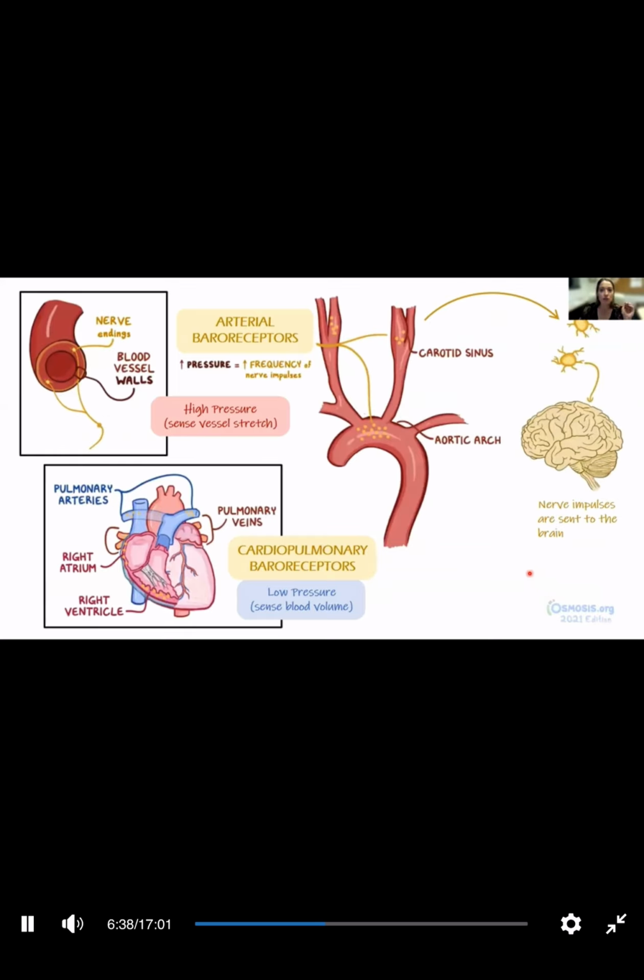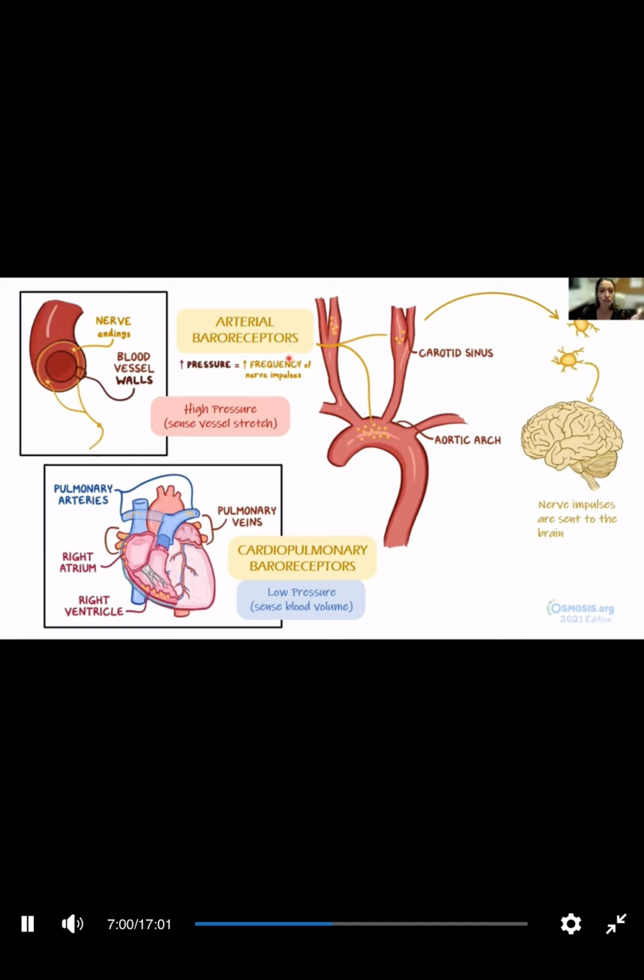All right, so the slide is a little bit busy, but I've highlighted the main important things for you. Arterial baroreceptors is one type of baroreceptors. Then there's cardiopulmonary baroreceptors. These are different based on how they sense pressure based on their location, all right?